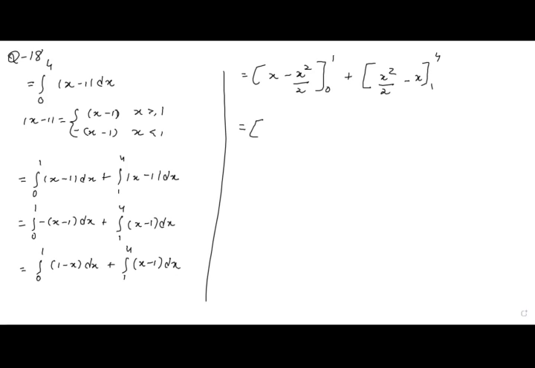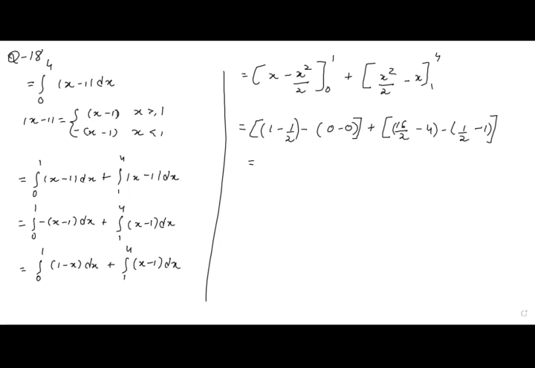Keeping the value of x as 1, I will have 1 minus 1 by 2 minus, keeping the value of x as 0, I will get 0 minus 0. Keeping the value of x as 4, I will get 16 by 2 minus 4 minus bracket, giving the value of x as 1, I will have 1 by 2 minus 1.